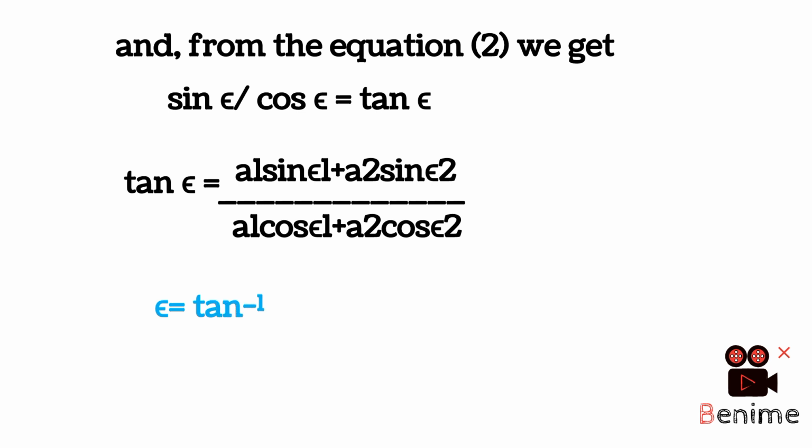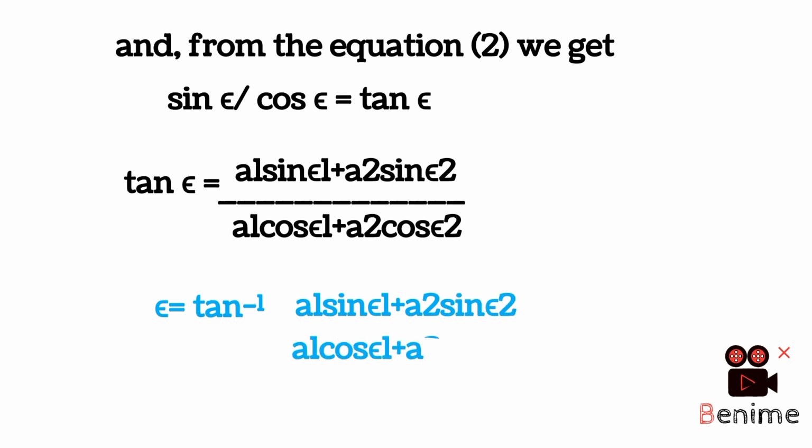Keeping epsilon on the left hand side and taking tan to the right hand side, we get epsilon equal to tan inverse of (a1 sin epsilon 1 plus a2 sin epsilon 2) divided by (a1 cos epsilon 1 plus a2 cos epsilon 2), which is the epoch.